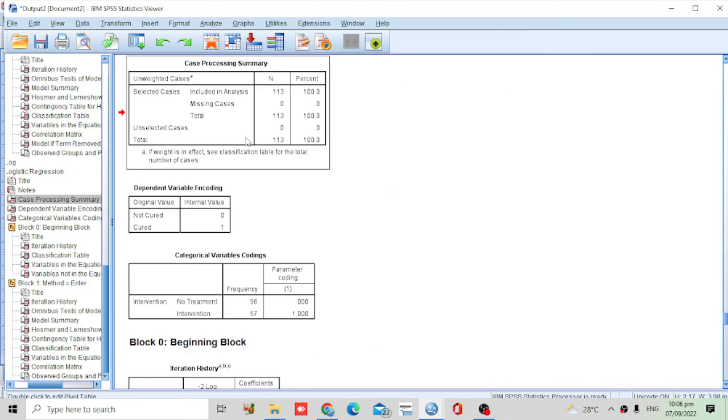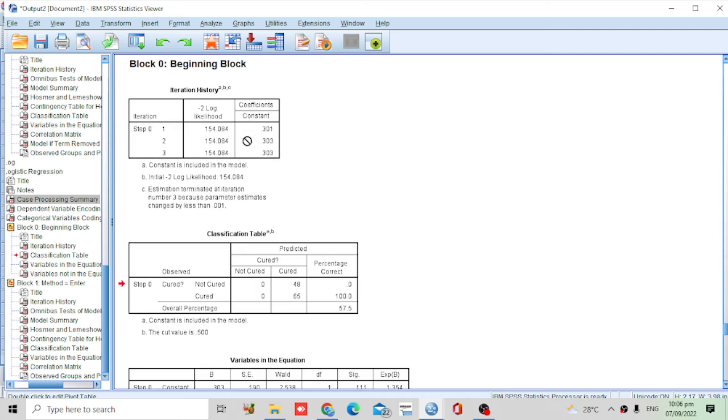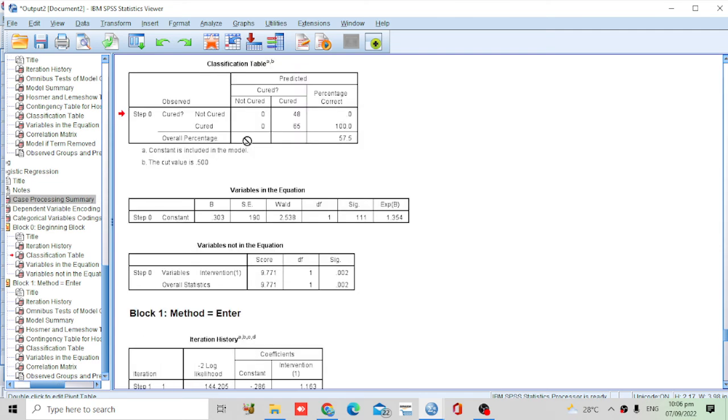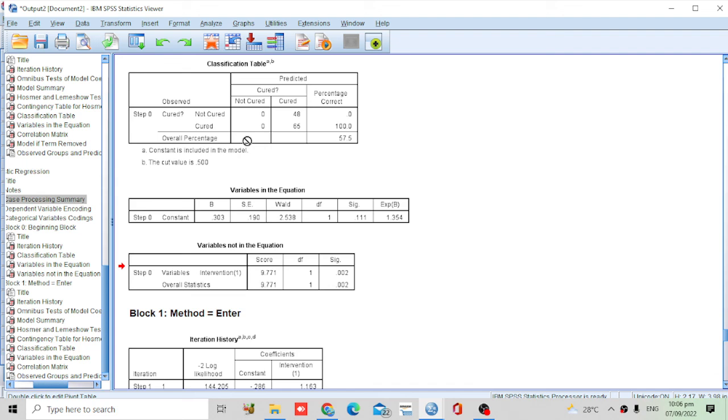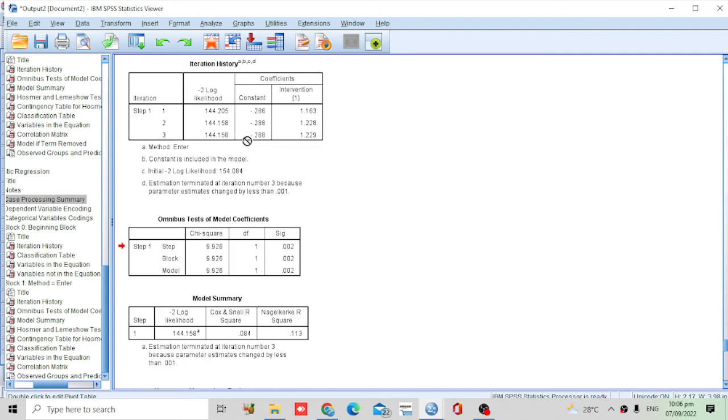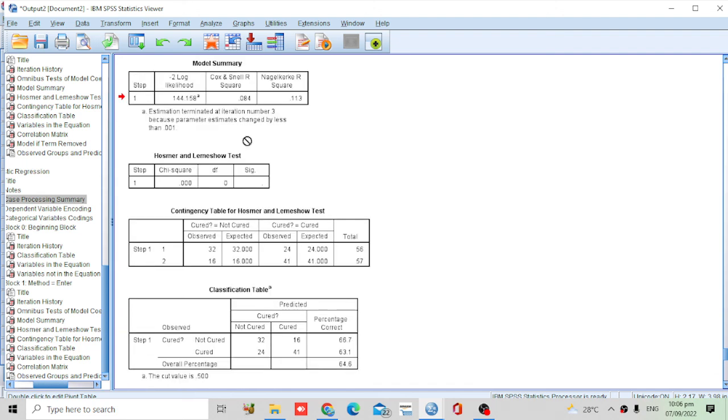Kung tanggalin mo yung duration at saka yung interaction effect, definitely mag-i-improve talaga yung model natin.